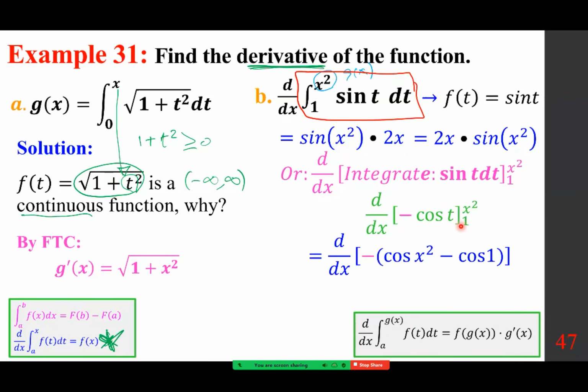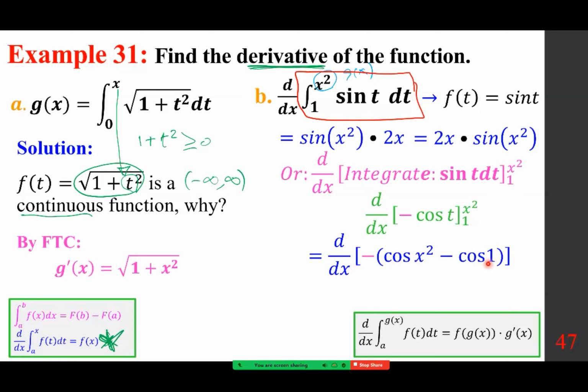Now I want to differentiate this term by term. The first one, what is the derivative of cosine x squared? It is negative sine x squared times 2x. This negative, I'm going to keep it outside. So cosine gives me negative sine x squared times 2x.